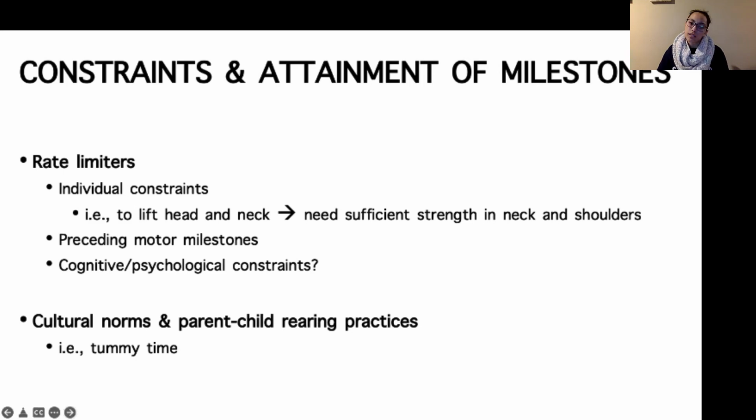Back in 1992, some developmental scientists started to notice that the attainment of chin-up and chest-up milestones was gradually getting delayed. It's because there was this method to have infants sleep on their side or their back to reduce rates of sudden infant death syndrome.